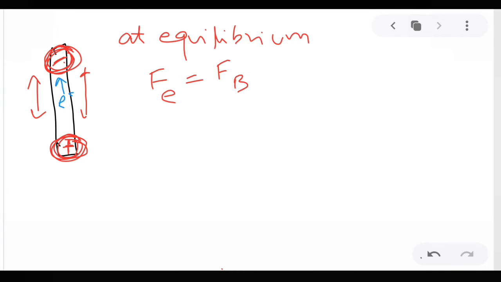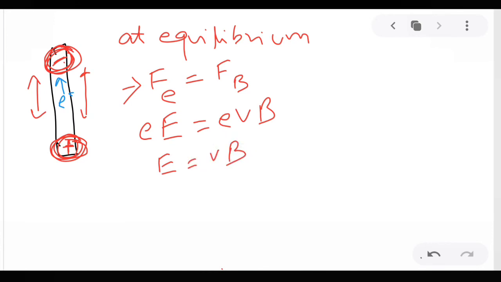But at the equilibrium state, this process will stop. So Fe will be equal to Fb. Now Fe is the force on the electron due to the electric field, Fe is equal to E e, charge of electron times the electric field, and the magnetic Lorentz force is EVB. So that gives E is equal to V times B. This is the electric field. Now we know that the electric field is equal to potential divided by length.